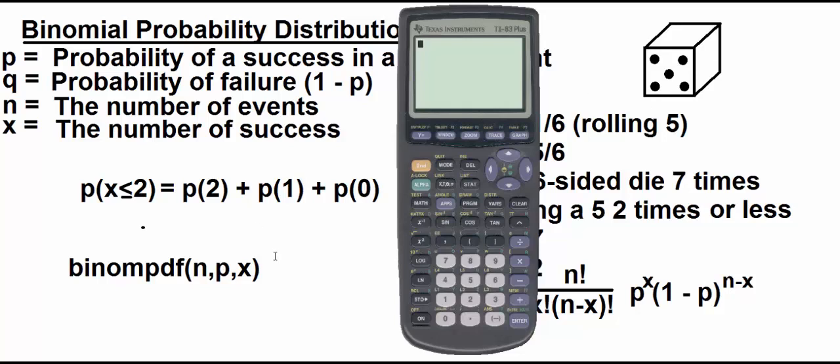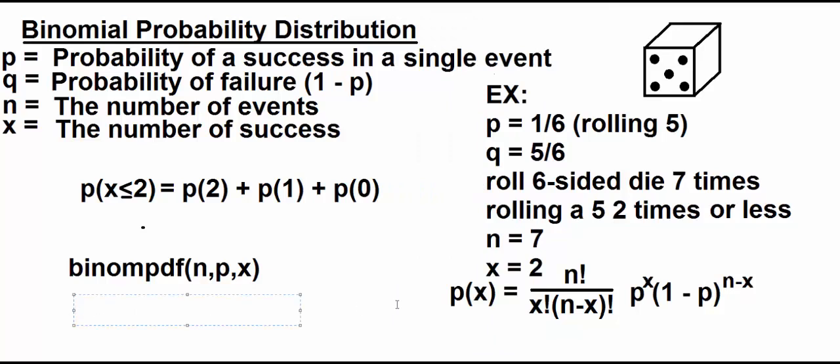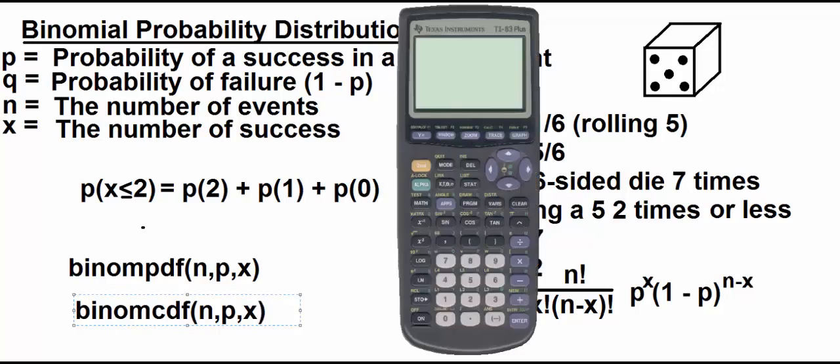So there's a quicker way to go about doing that in the calculator, and that is with the binomCDF. So let's go ahead and do that now. We're going to go back to binomCDF. So the C stands for cumulative.